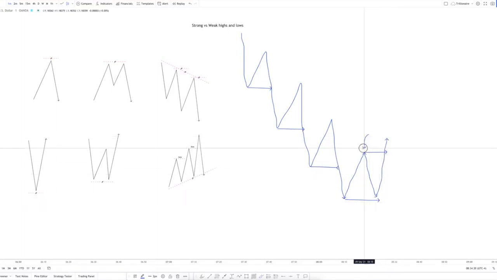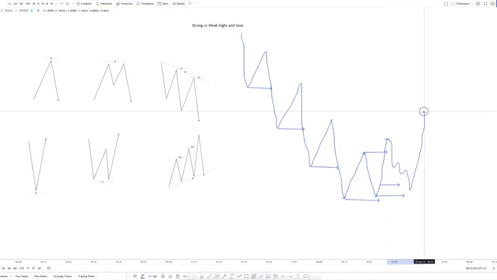This high now becomes weak. But what has to happen is we have to see what the demand here does next. So if price pulls down to this demand and then pushes to the upside and takes out this structure here, now we're looking for buys. Now you can look for confirmed buys. Now you can take buys here. It'll be risky, but you can take buys here.